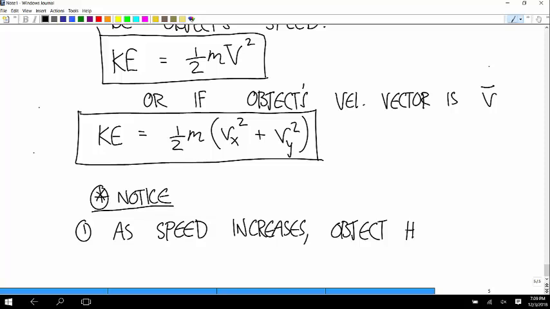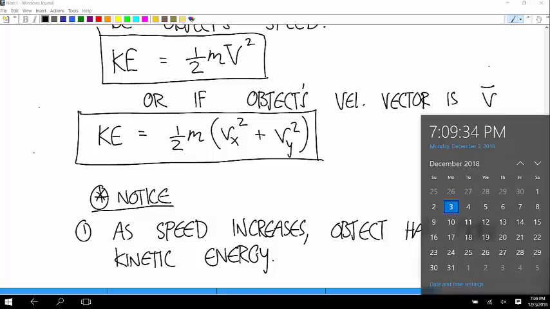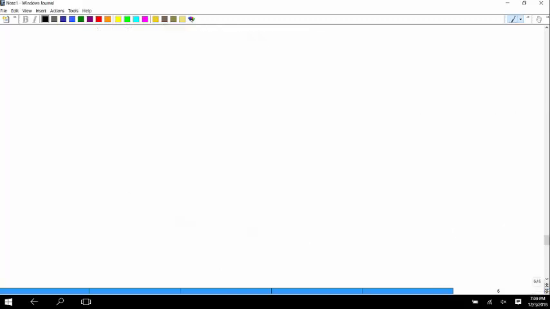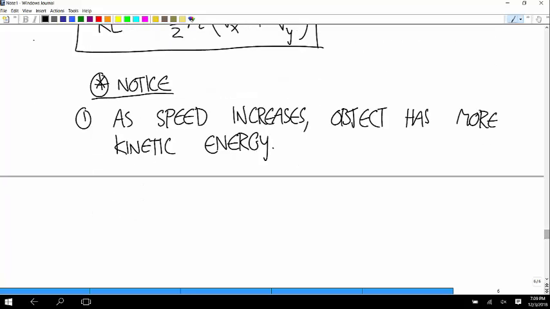So as the speed increases, the object has more kinetic energy. And then this is sort of a surprising one, and it's sort of important for an intuitive understanding of energy. That is kinetic energy.